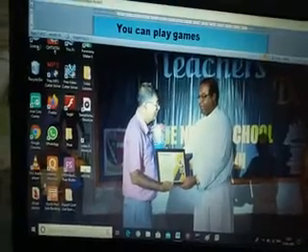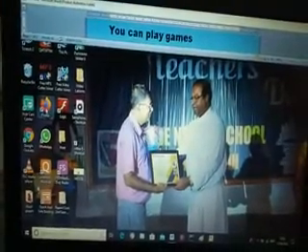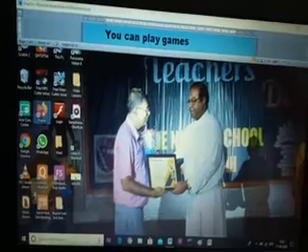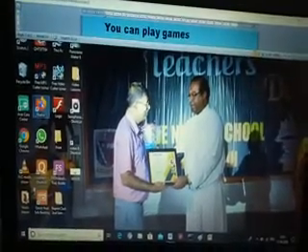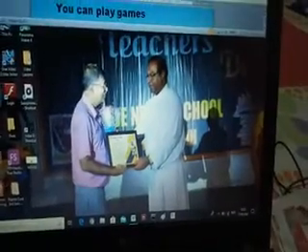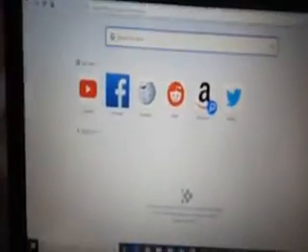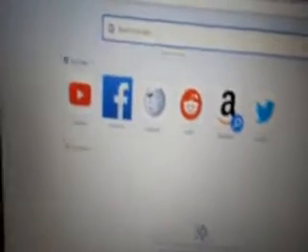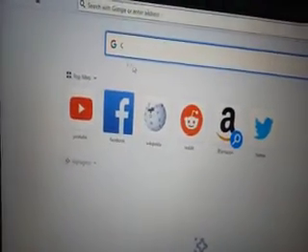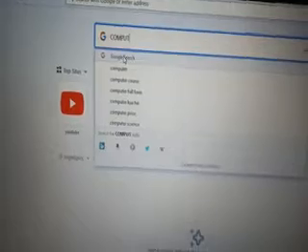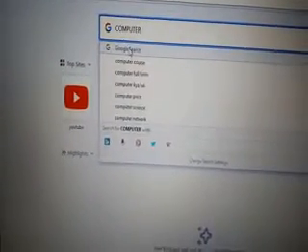Let me go to and click on something called Firefox. This is the Firefox window. Let me type there computer games.